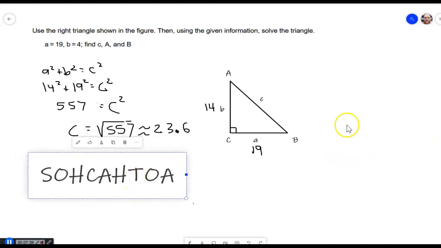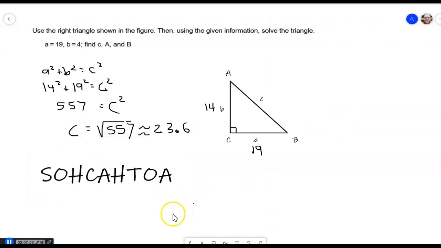All right. And let's talk a little bit about what this means, as a refresher for some of you. Maybe some of you haven't actually seen this. If you haven't, make sure you're reading through the section and trying to understand this more. SOHCAHTOA is talking about the sine, which is opposite over hypotenuse, the cosine, which is adjacent over hypotenuse, and the tangent, which is opposite over adjacent.